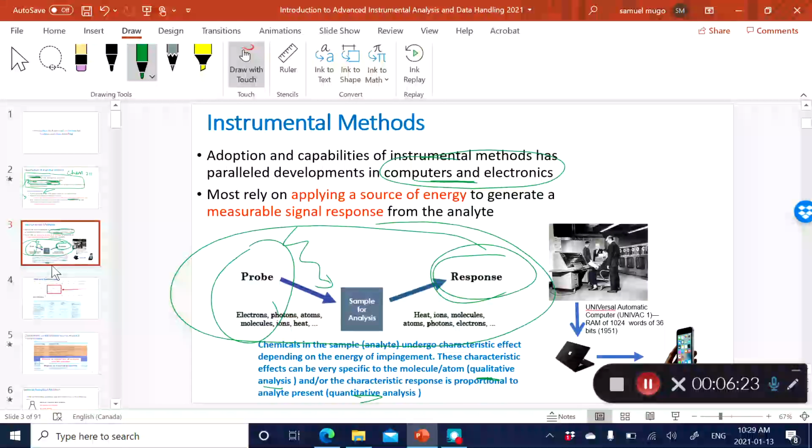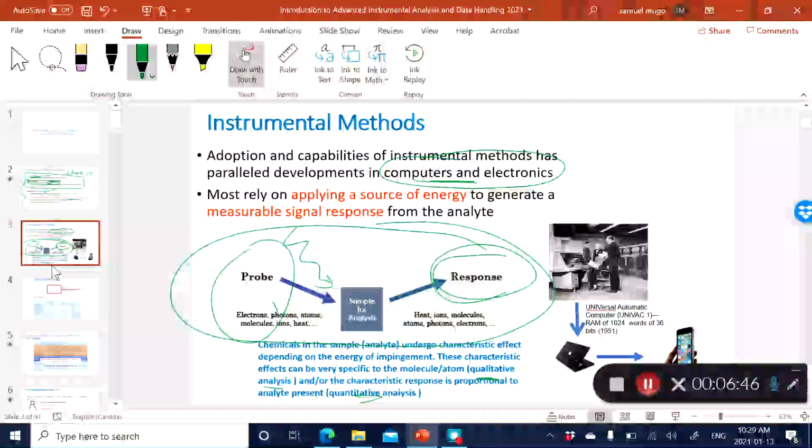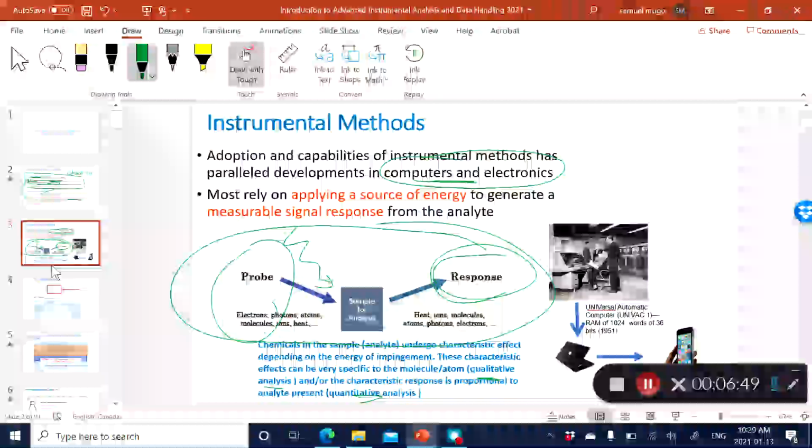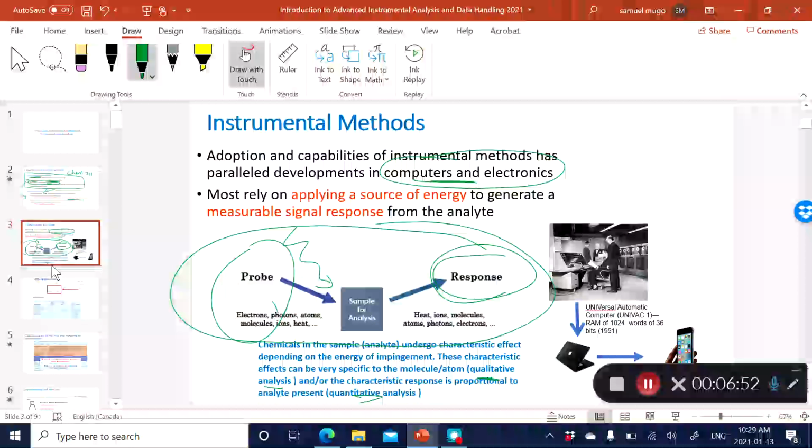Those electrons, for example, can be completely dislodged from the chemical, and that is called ionization. Or they can undergo things like vibrations and so forth that you can measure. And all that gives rise to different types of instrumental methods. So I hope that's clear. You can use different types of energies, and all of them lead to different types of instrumental methods.